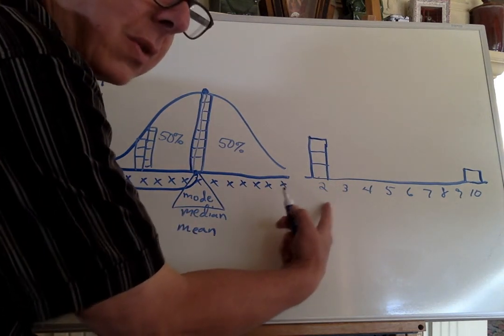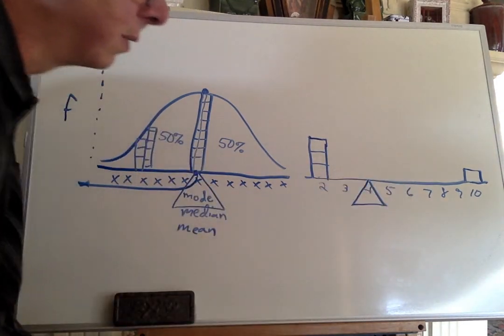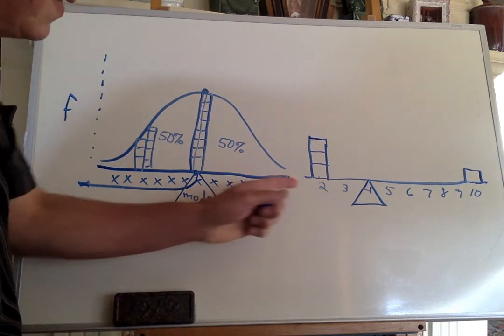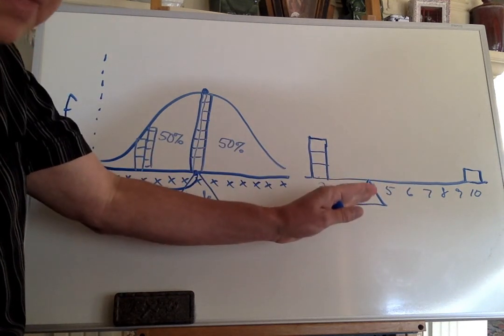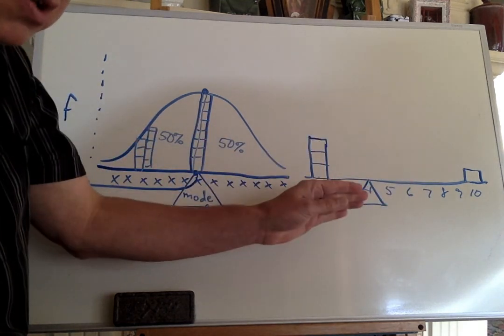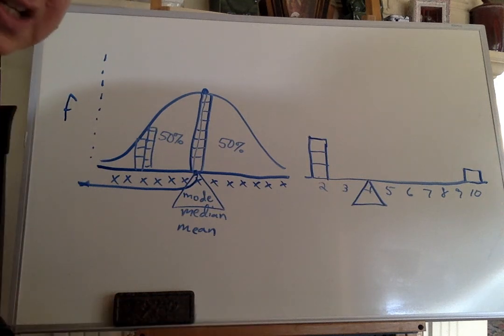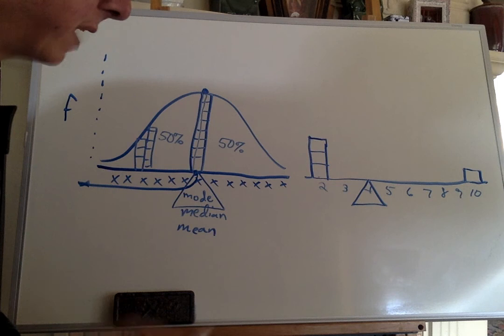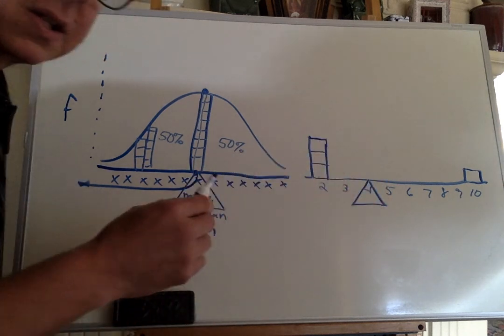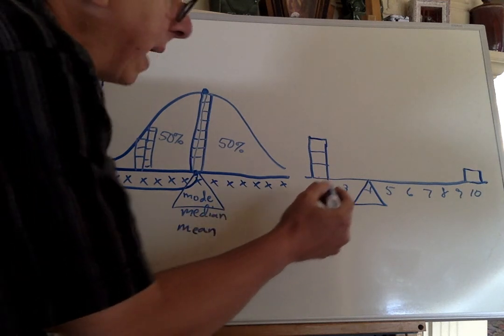Here's the example. This is what I want you to think about to make sure you can distinguish that, right? This is the mean of this distribution. 4 is the mean of this distribution. It's 2 plus 2 plus 2 plus 10, which is 16, divided by 4. That is the mean, okay? It's not the number of blocks. It is the deviations that it balances.